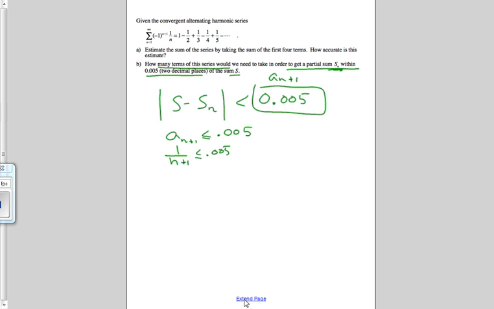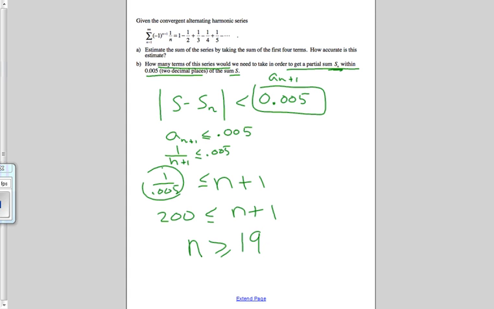So we get n plus 1 must be greater than or equal to 1 over 0.005. We can simplify that to 200. This is 200, which must be less than or equal to n plus 1. Subtracting 1, we get n must be greater than or equal to 199.